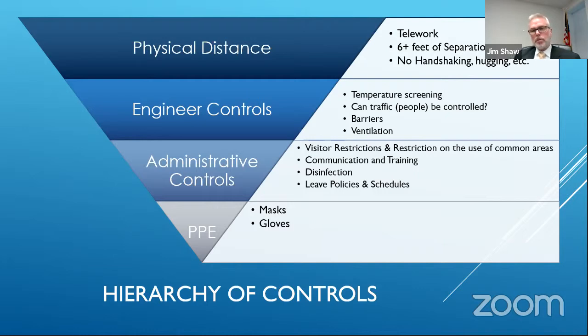Obviously, communication and training is of paramount concern as we talk to employees and work with employees and the public at large, stepping up disinfection in certain areas, and then reviewing constantly leave policies. We've adjusted a lot of schedules to try to prevent overlap of employees, separating work crews, creating different schedules for different work crews so that they don't come in contact with one another.